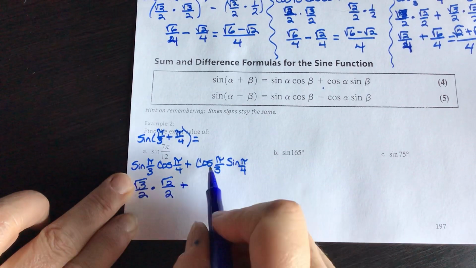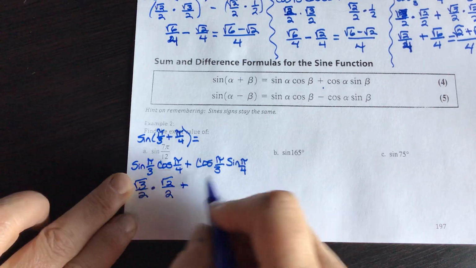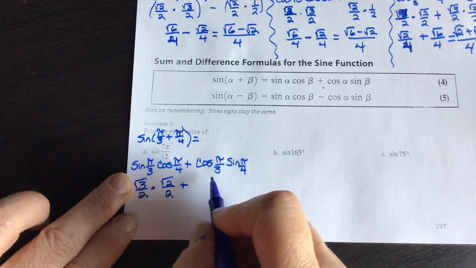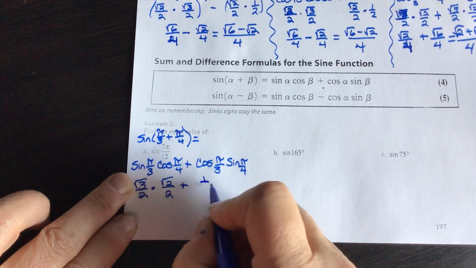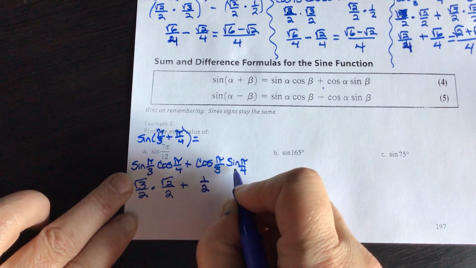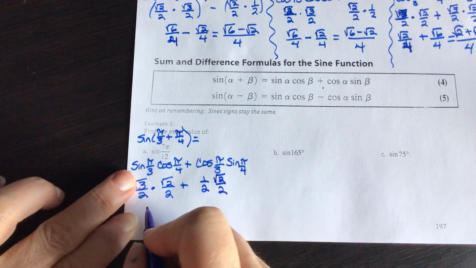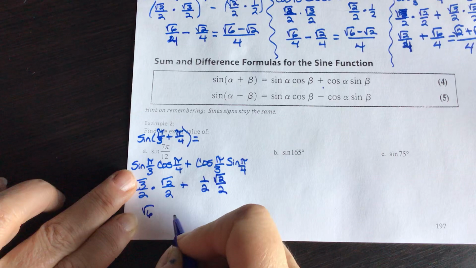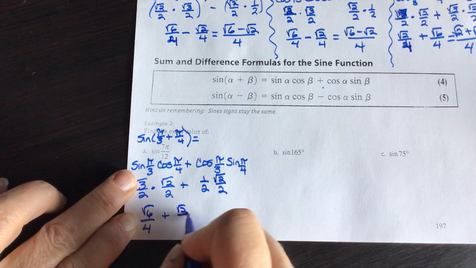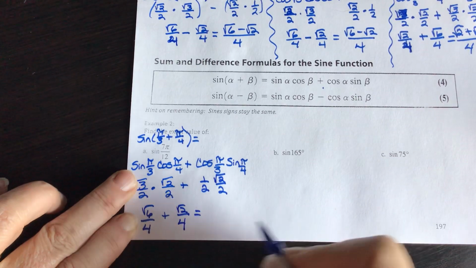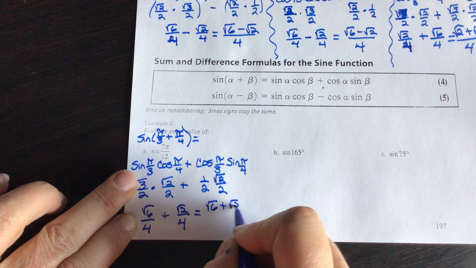And then I'm going to add cosine of pi over 3, which is 1/2, the other side of those fingers, and sine of pi over 4 is square root of 2 over 2. So this is square root of 6 over 4 plus square root of 2 over 4, which gives us the same thing.